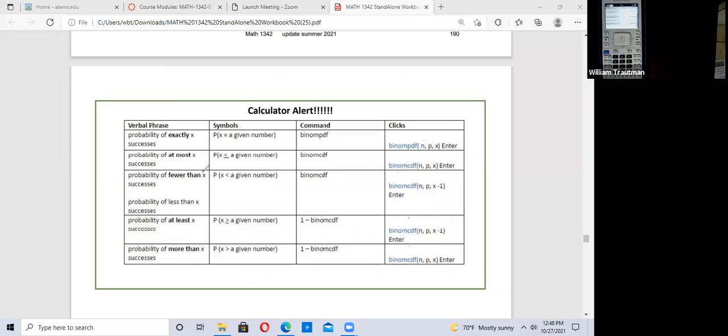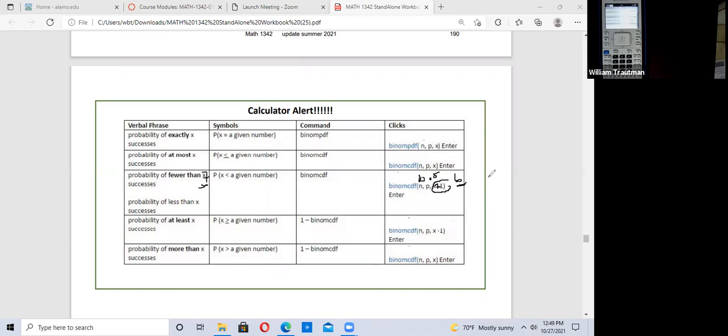So for fewer than 7, we type in 10 trials, 0.5 for probability. And do you see, instead of 7, we do 7 minus 1, which is 6. They even show you this formula here. You type in 6 because 7 should not be included, since 6 is fewer than 7.